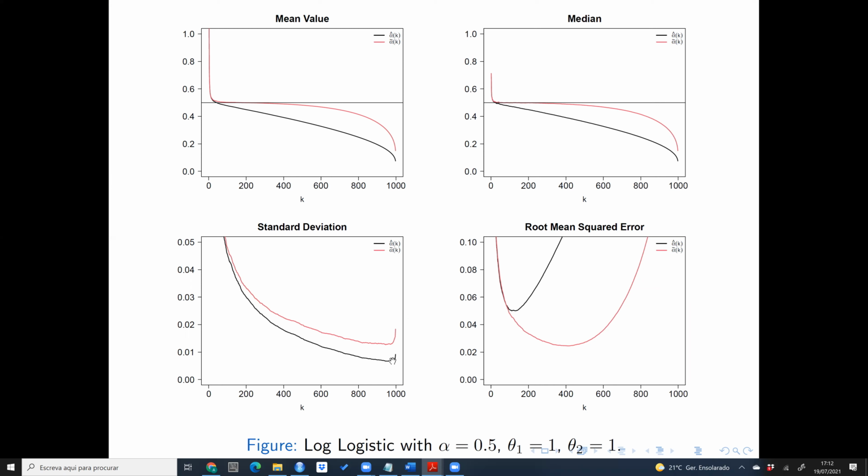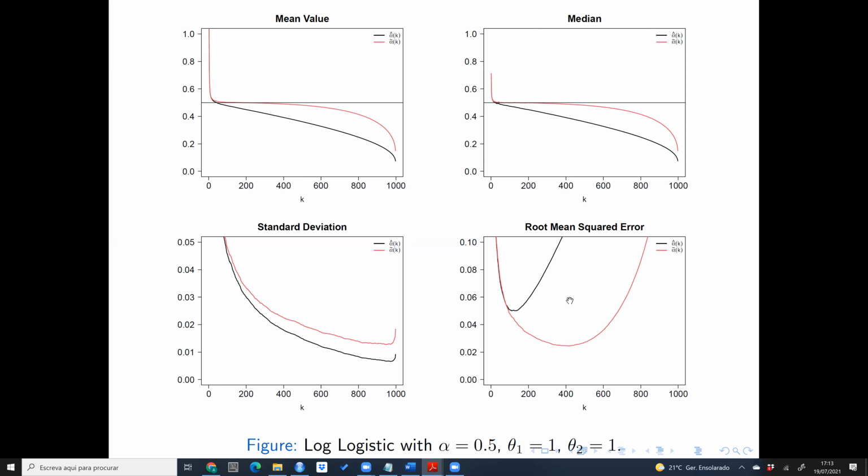We can see that the choice of K involves a balance between bias and variance. Regarding the root mean square error, we can conclude the bias corrected version is more efficient than the modified Hill estimator.